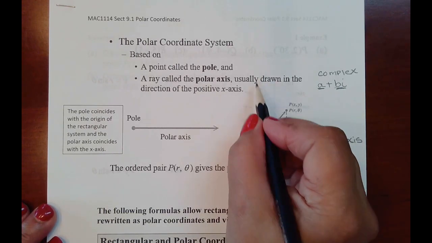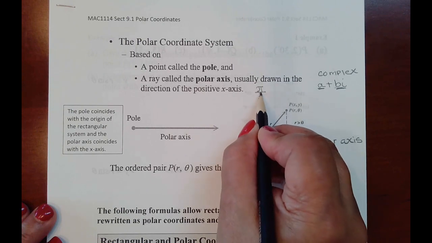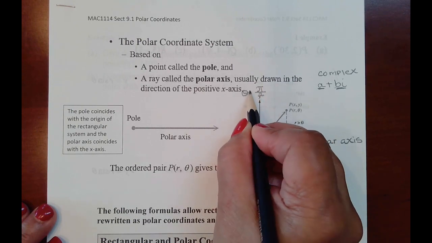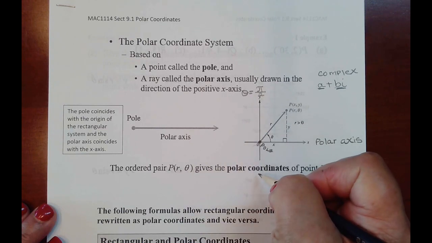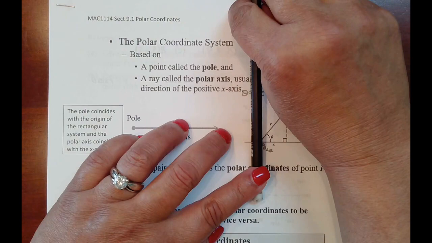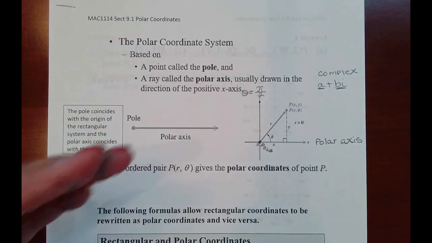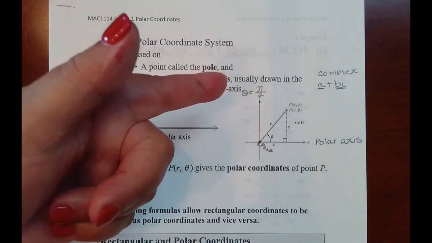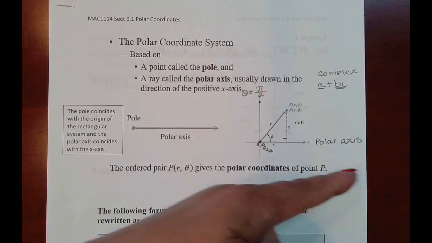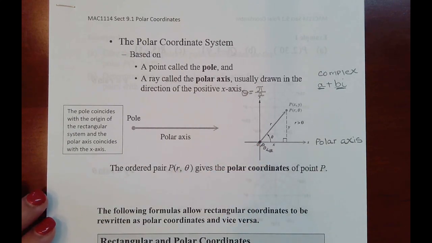This vertical axis we refer to as theta equal to pi over 2. And that's because to get to the y-axis, you have to rotate 90 degrees, and that's exactly what pi over 2 is. So this vertical axis is referred to as theta equal to pi over 2. Polar axis, and the origin is called the pole. And I repeated that information right here.